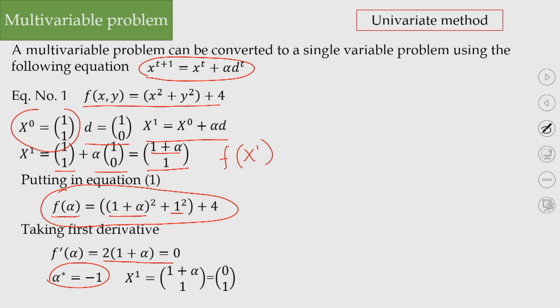Therefore, x1, the optimal solution along the x direction from the starting point, is (1 + alpha, 1). Now, alpha equal to minus 1, that means the optimal solution along the x direction is (0, 1). I can put a star here for optimal solution, so x1 star is (0, 1).